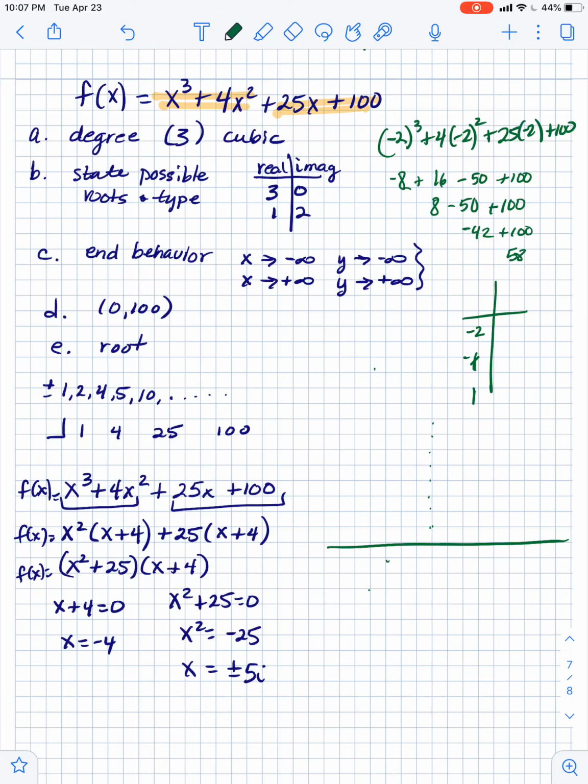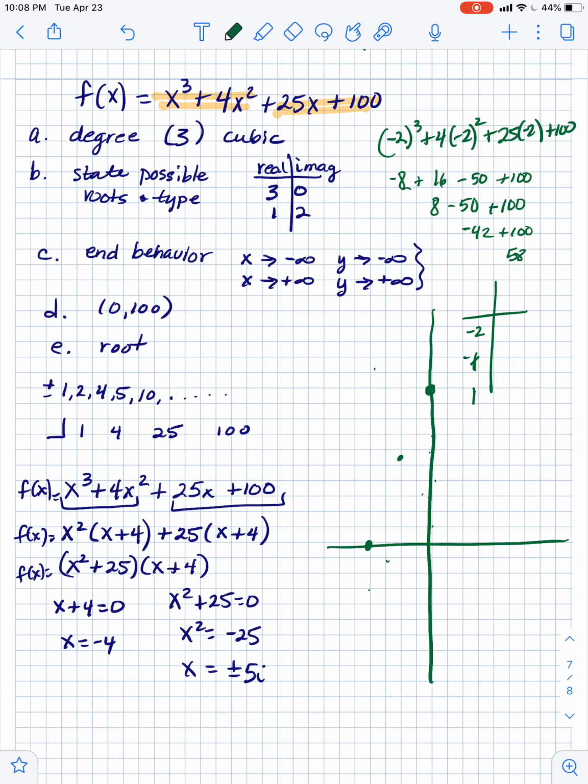Okay, let's get one more. Okay, right there. And then we said at a negative 2 was at 58. So 10, 20, 30, 40, 58, somewhere right there. And then I'm still going by ones across here. So this is still at a negative 4. There we go.